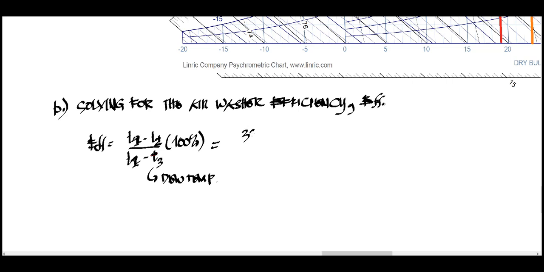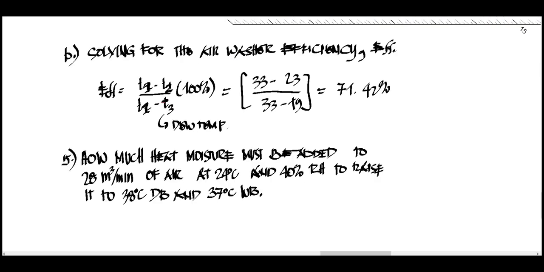So substituting, we have 33 minus 23 degrees Celsius divided by 33 minus your dew point temperature to get the efficiency of the washer. So we have 71.42% efficient the washer.